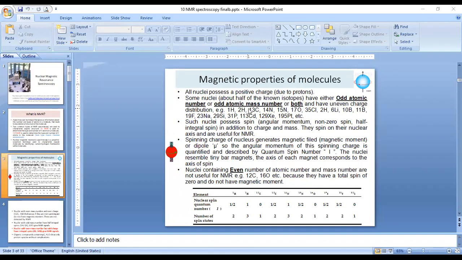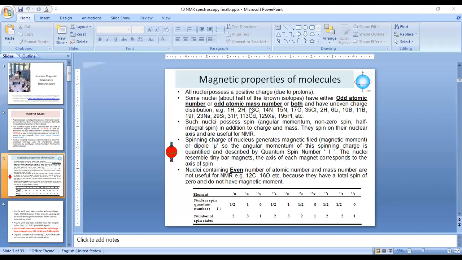Okay, and then if we put radio waves incident upon such nuclei, then these nuclei, depending upon their own properties, will absorb that radiation, radio waves. Okay, and because of that absorption, they will undergo a flip or a transition in their spin.